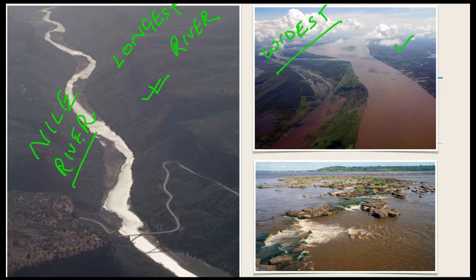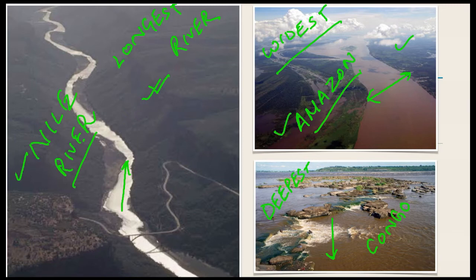It is the Amazon River. Right? And here, this is the deepest river. It is very deep. And this river is the Congo River. Right? So we get the longest river, the widest river, and the deepest river. Longest is Nile, widest is Amazon, and the deepest is Congo.